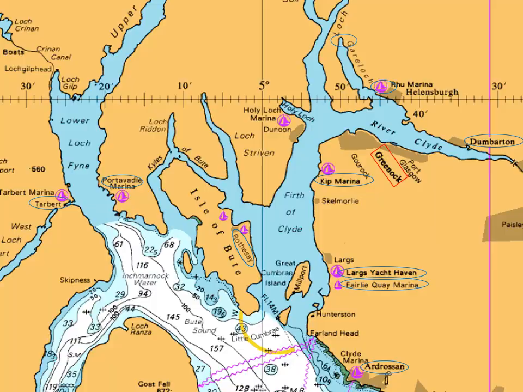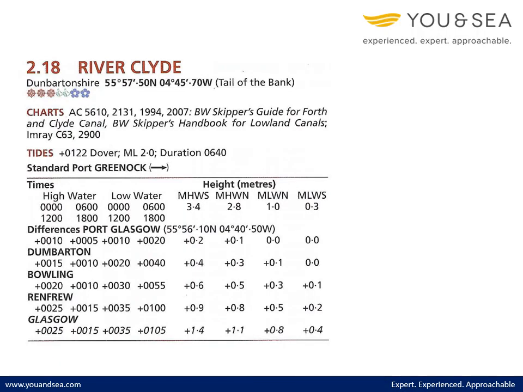The information itself can be found in the almanac, and this page shows an extract from the almanac, and it gives us a whole number of bits of information. It says up here that we have a standard port for Greenock, which we knew from the previous page.